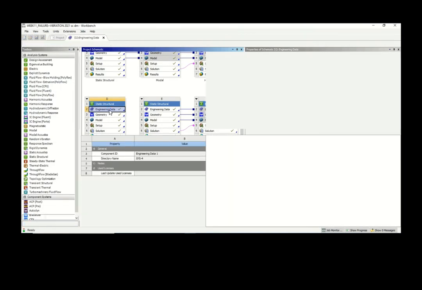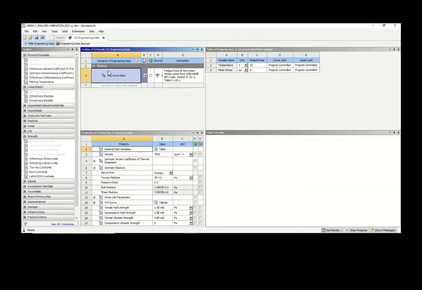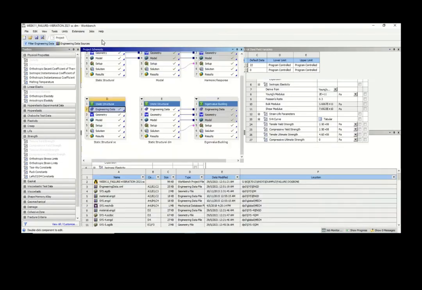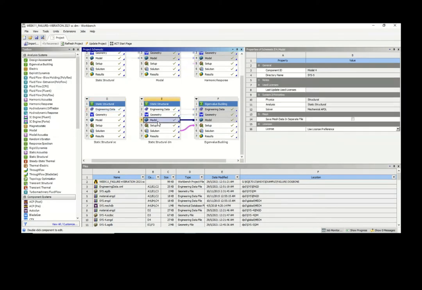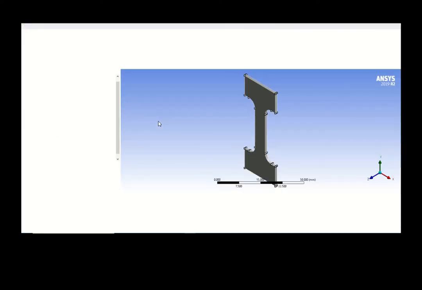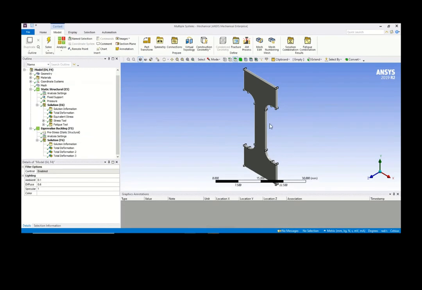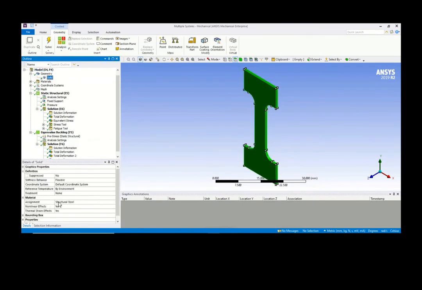In this case, you do not need to change anything because by default it is structural steel, and this particular model, the dog-bone specimen, is structural steel. So when you have a model, I want to show you something similar like that. Remember to assign structural steel.